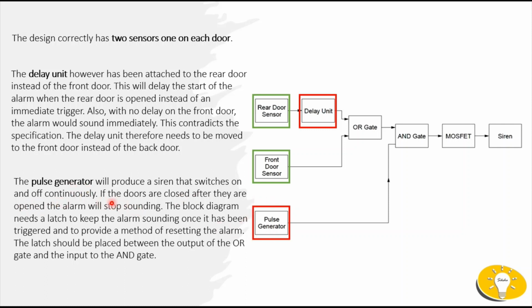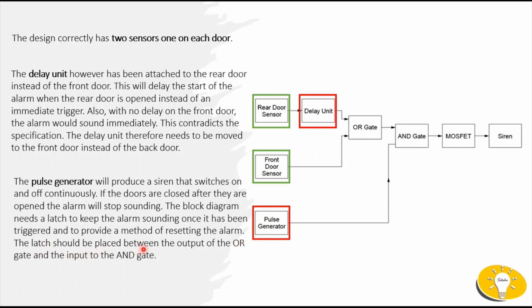The pulse generator will produce a siren which switches on and off continuously, so that's a good part. If the doors are closed after they are opened, the alarm will stop sounding, because you don't have a latch connected here. The block diagram needs a latch to keep the alarm sounding once it has been triggered and to provide a method of resetting the alarm.